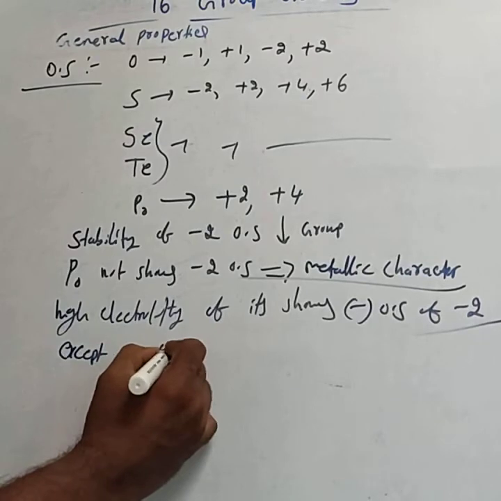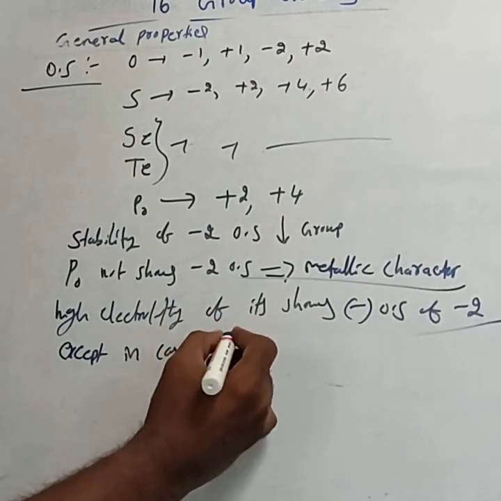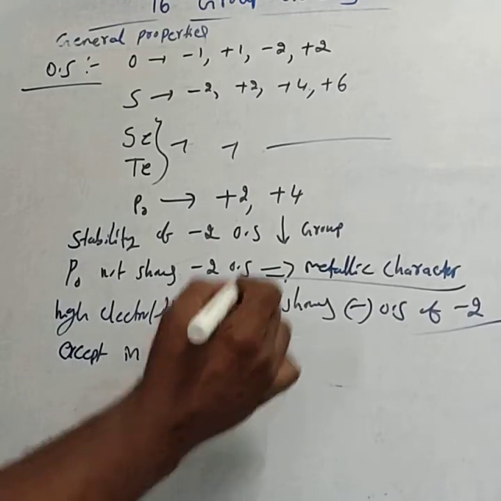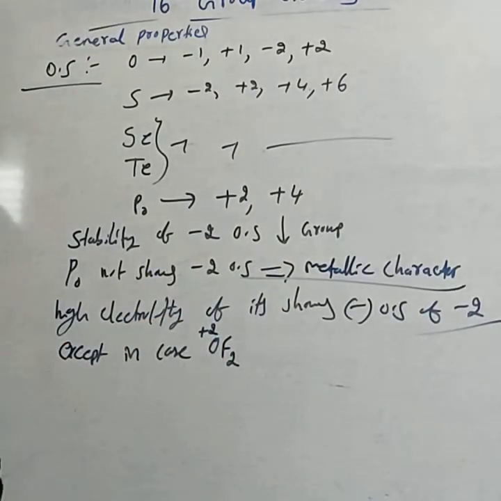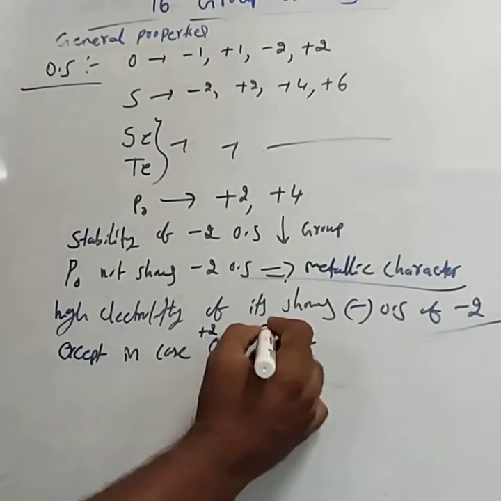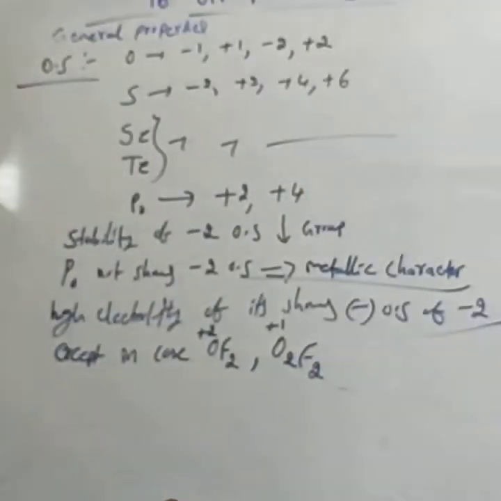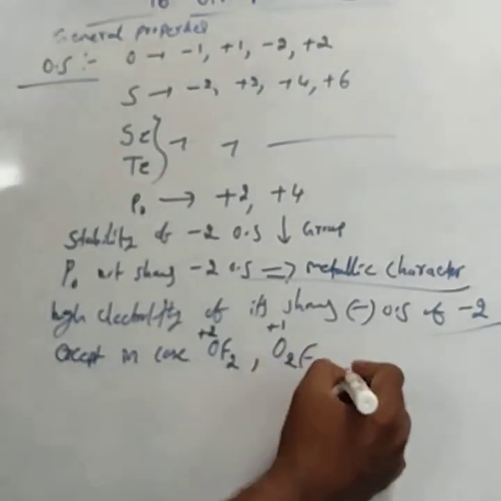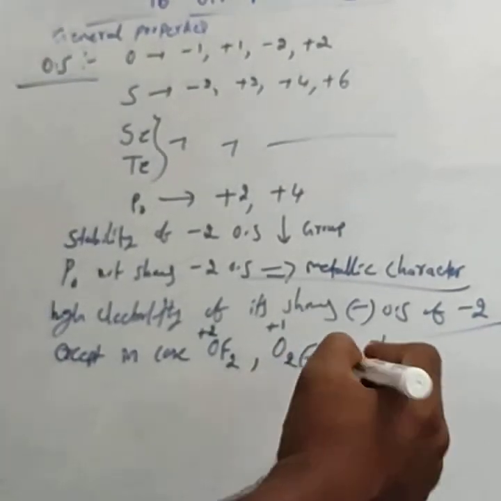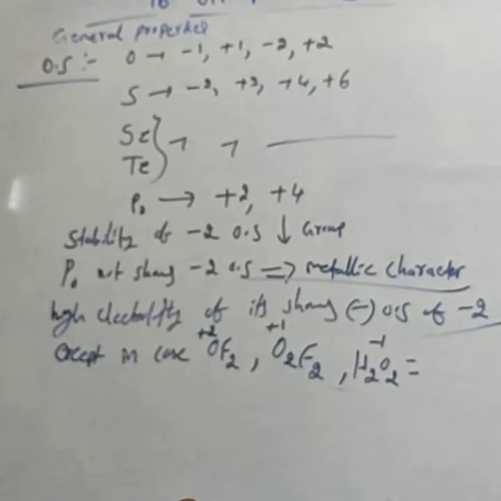In OF2, oxygen shows +2 because fluorine is more electronegative. Then in O2F2, oxygen shows the +1 oxidation state. And in H2O2, that is peroxide, oxygen shows -1.